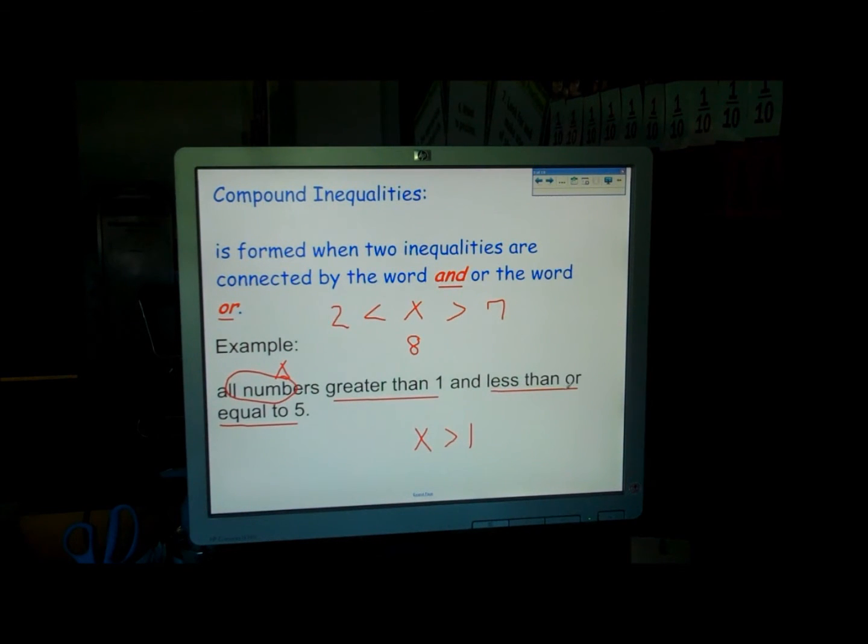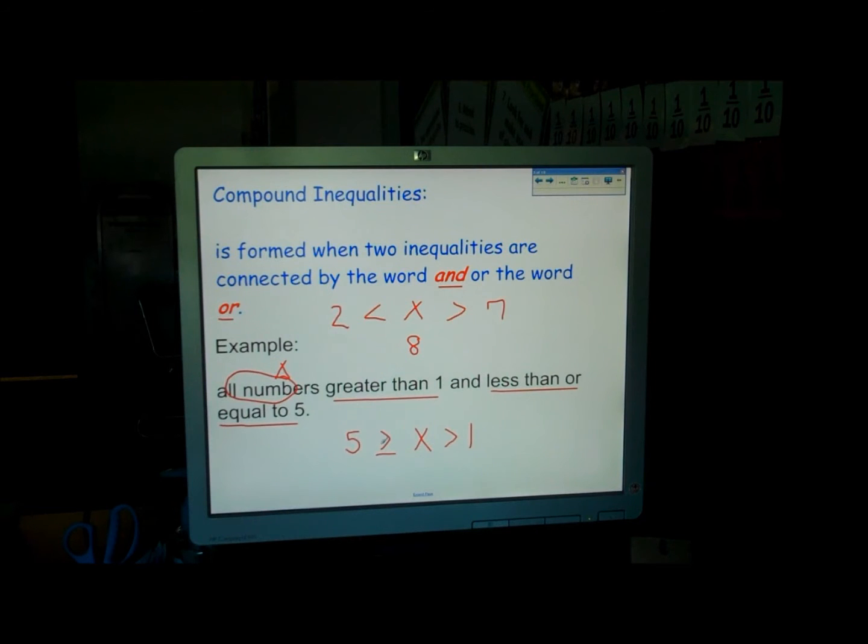And less than or equal to 5. So we know 5 is the other extreme on our compound inequality. Less than or equal to 5. So X is less than or equal to 5, and X is greater than 1.